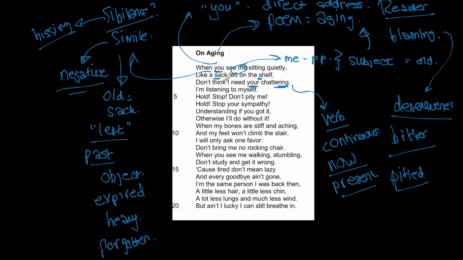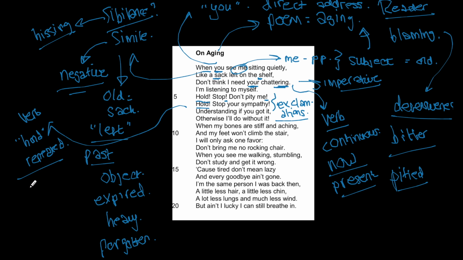Don't think I need your chattering. This is also an imperative. Imperative is an order. She's commanding the reader or whoever she's talking to. She's saying, don't think I need your chattering. I'm listening to myself. Hold, stop. Don't pity me. Hold, stop your sympathy. Exclamations. There's this repetition of exclamations, repetition of hold, this sense of insistence, sense of command.